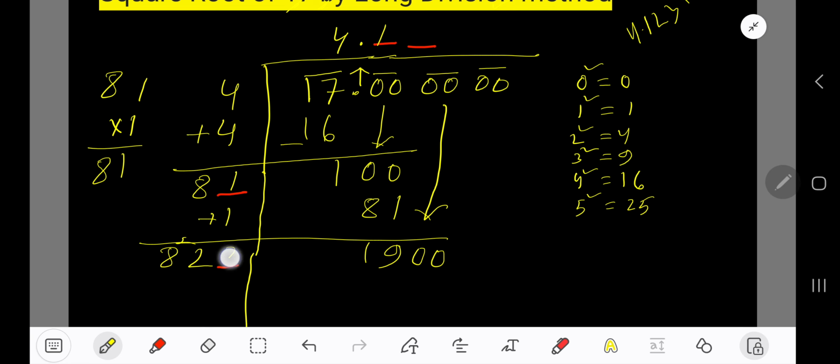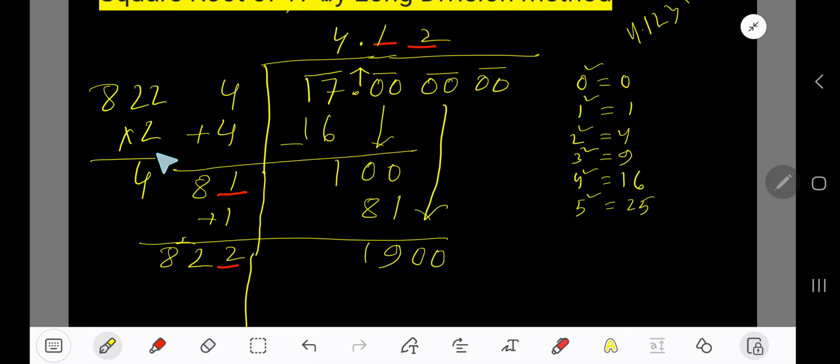If you take 2 here, then you need to multiply this by 2. These 2 must come here. Let me check. 2 times 2, 4. 2 times 2, 4. 2 times 8, 16. 1644. This is nearest to 1900.